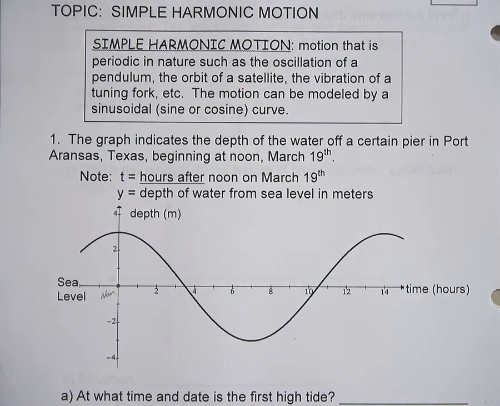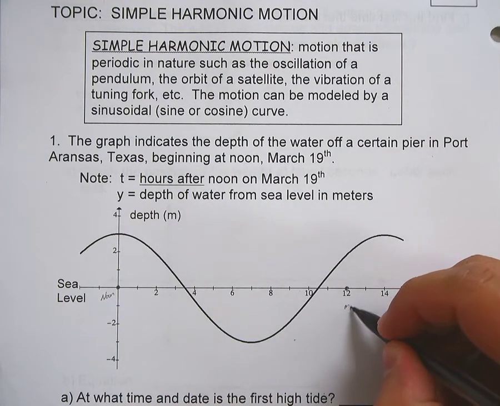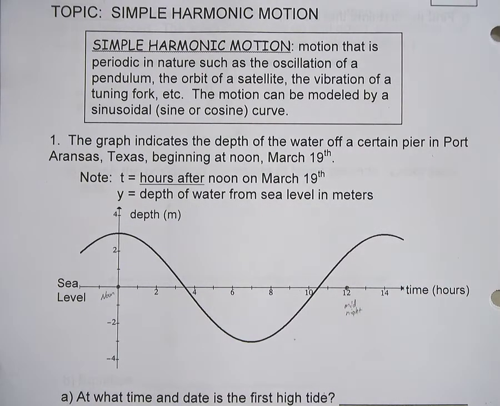Just a little information for you. 0 is going to be noon. So 12 hours later, this point right here would be midnight. That's 12 hours later. And it says y is the depth of water from sea level in meters.